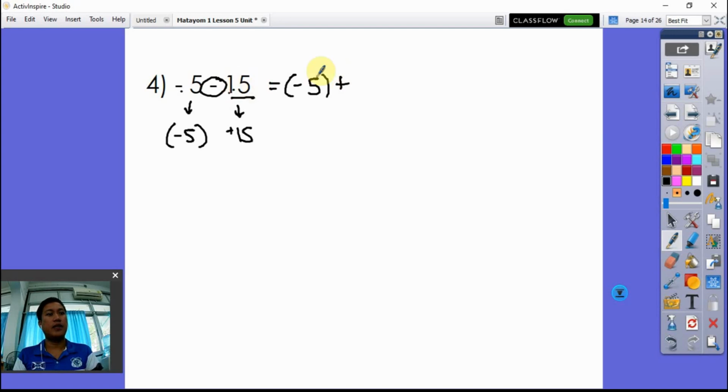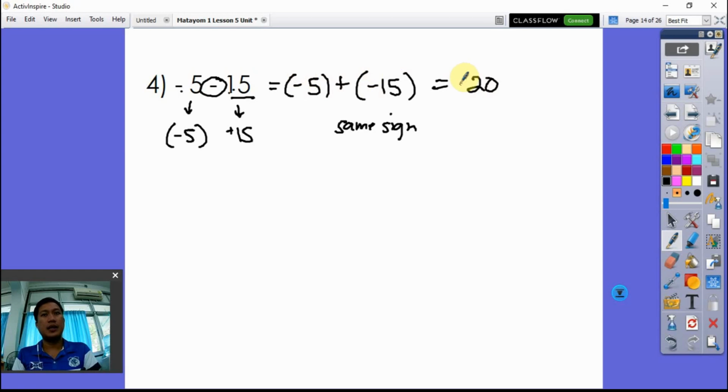We change the sign of the positive 15 into negative 15. Okay, so we have negative 5 plus negative 15. Since they have the same sign, we add normally. 5 plus 15 equals 20. Their signs are negative, so we write negative before 20.